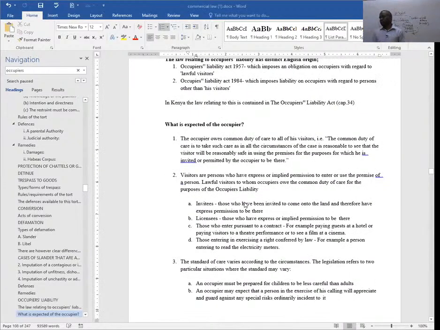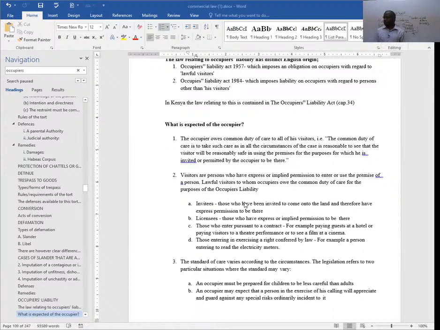The occupier owes a common duty of care to all his visitors, to ensure their safety. The common duty of care is to take such care as is in all the circumstances of the case reasonable to see that the visitor will be reasonably safe in using the premises.